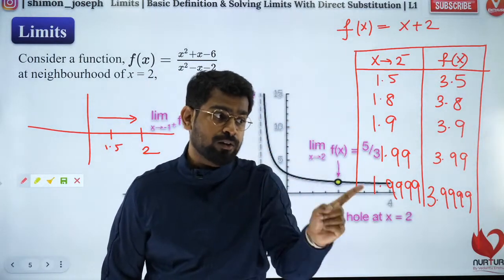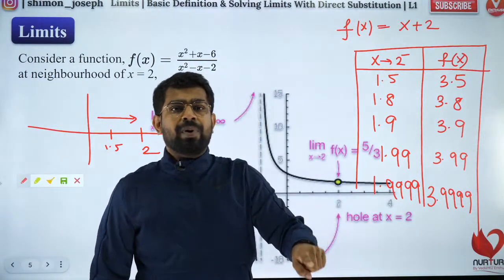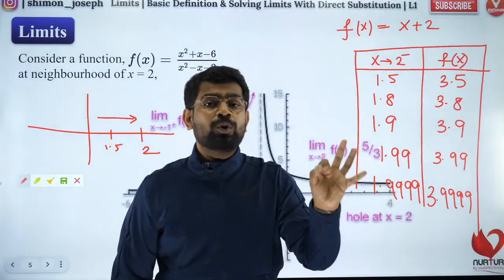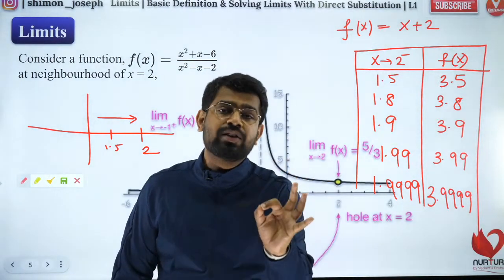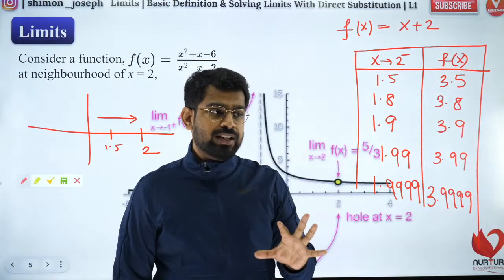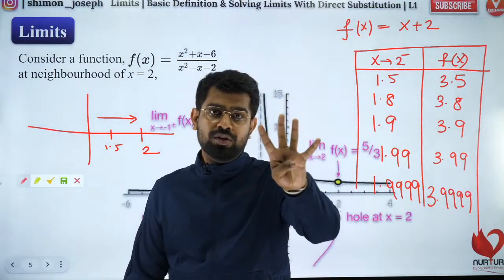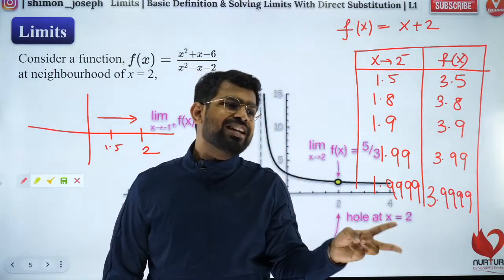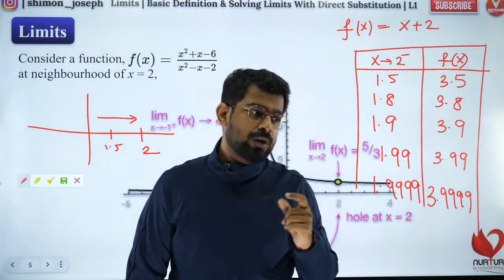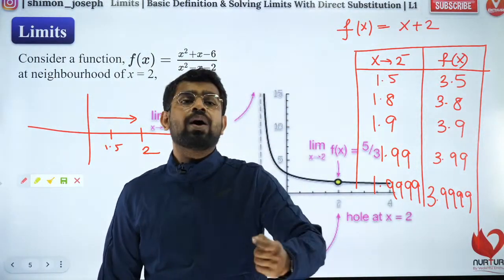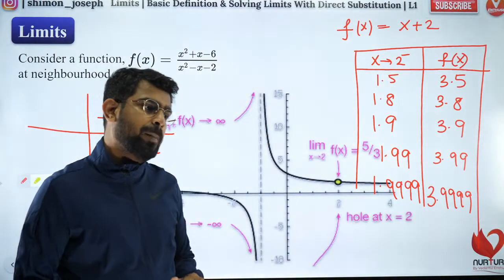So you cannot directly put that value, but you can try to put values which it approaches as you come closer to that number. In this example, Chari, eventually the limit is 4. And what you said is right, you can directly put 2, but you cannot do that always. That is exactly what I want to come to in a short while. Are you all clear? Perfect.